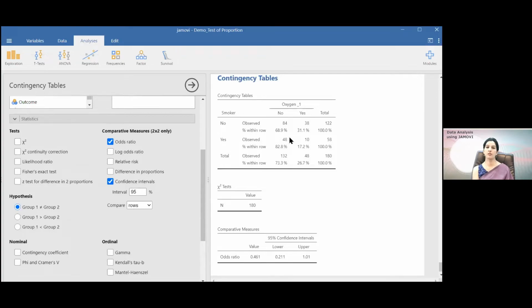If you focus on this 2x2 table, can you see here that 31.1%. So this is the oxygen requirement, no and yes, and this is smoker, no. So if I focus on this, yes.